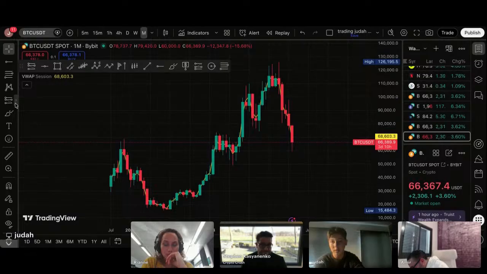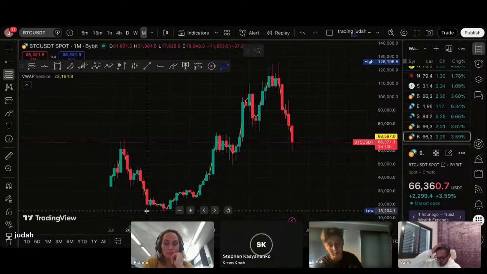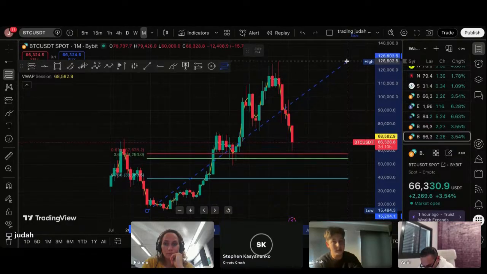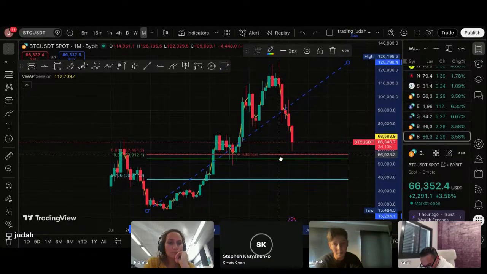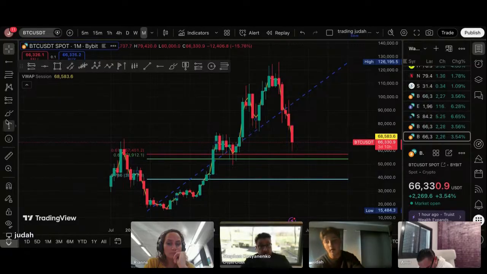Also, if we use the Fibonacci retracement tool from the Bitcoin bear market bottom to the Bitcoin bull market top, the Fibonacci golden pocket comes in around that 57 to 53,000 zone, and in my opinion, this is a great time to enter a long trade.